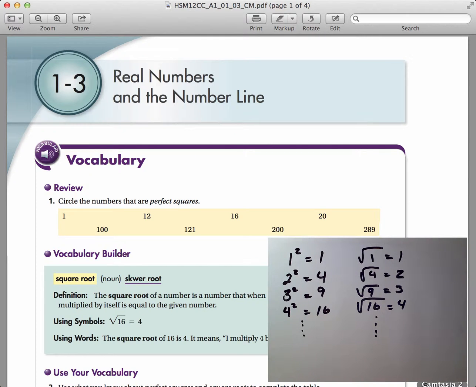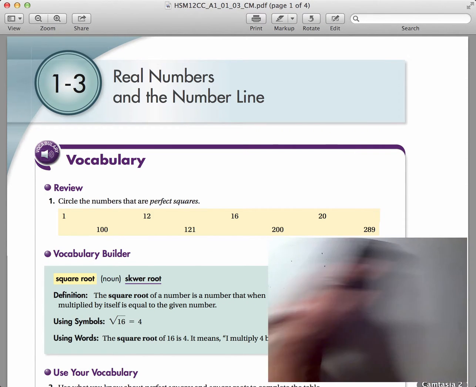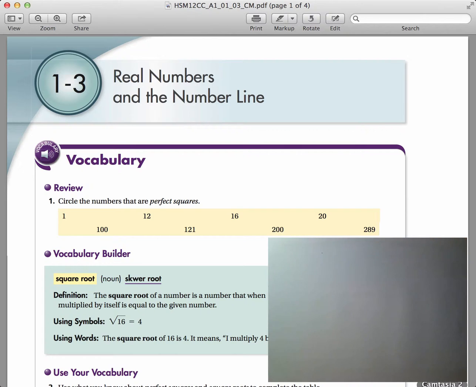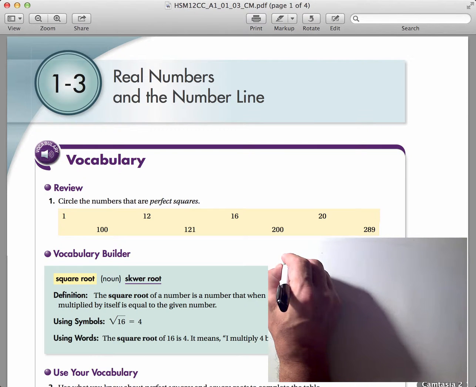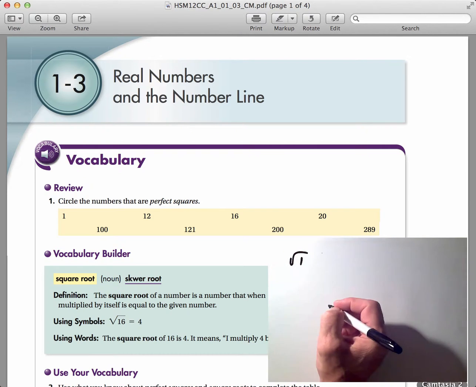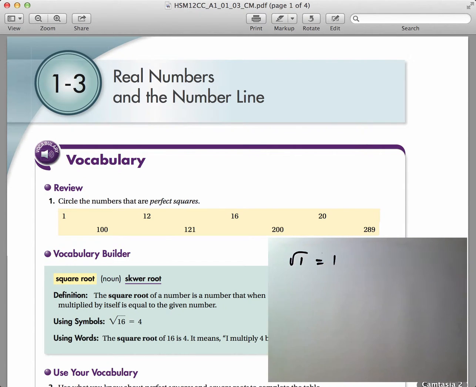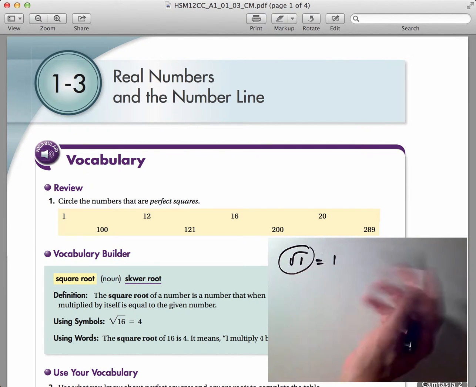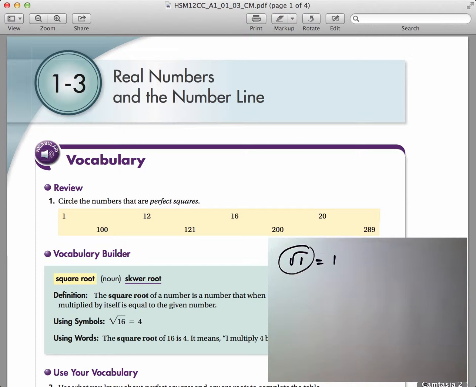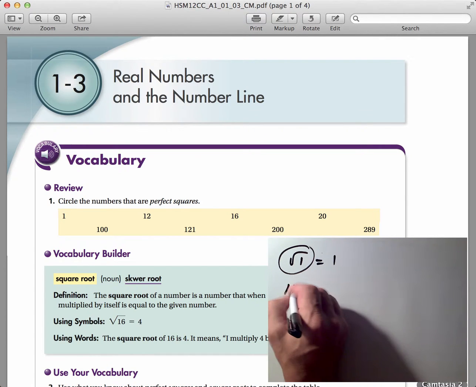If you take a look at number 1 in our questions here, you're going to see that it's asking you which numbers are perfect squares. Well, let's take a look. The square root of 1 equals 1. That is a perfect square. Let's take a look at 100.